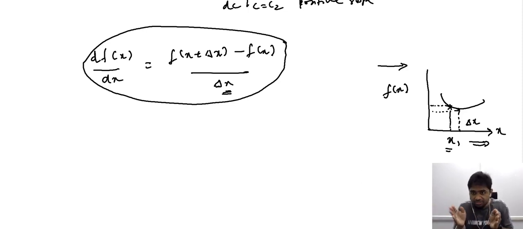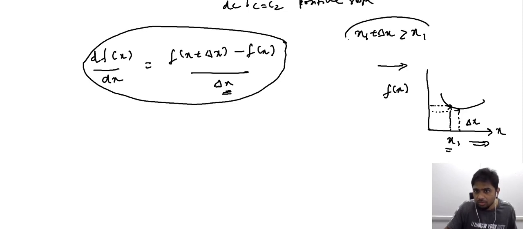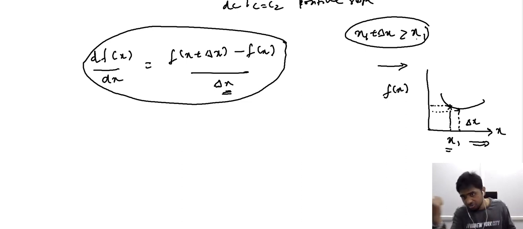The next position that we have thus far considered is a progressively increasing one. So x1 plus delta x is greater than x1. This is what we have assumed, because we are moving in the positive direction. That is what we have so far been considering.